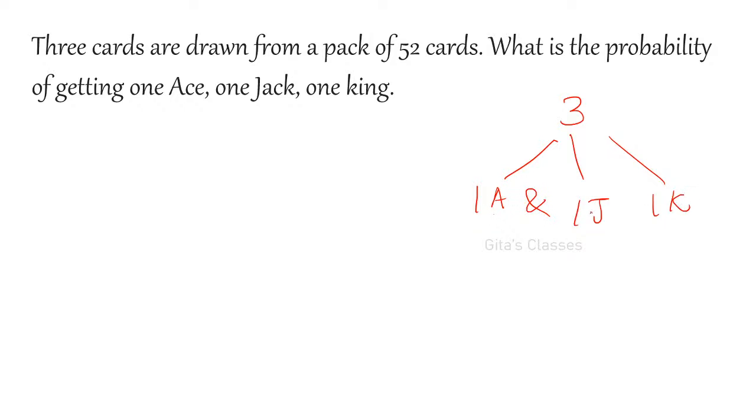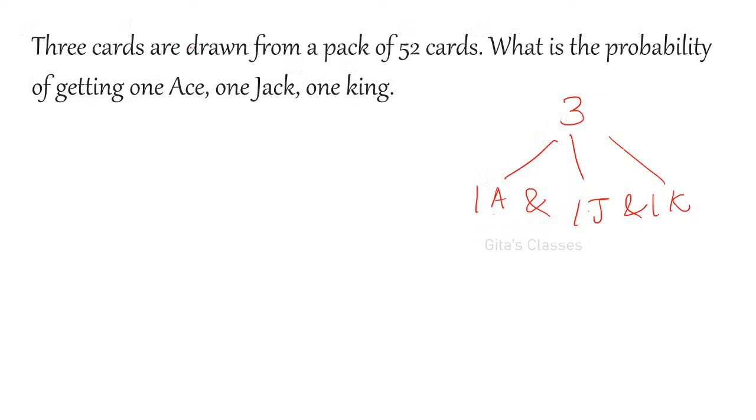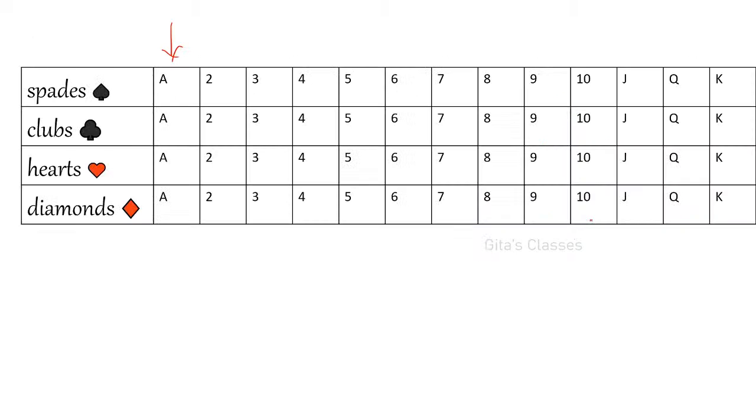So this should happen, and this should also happen. So 1 ace, 1 jack and 1 king. And means multiplication. Now, how many aces are there? 4 aces are there. From the 4 ace cards I am taking 1. So it is 4C1. And how many jack cards are there? 4.